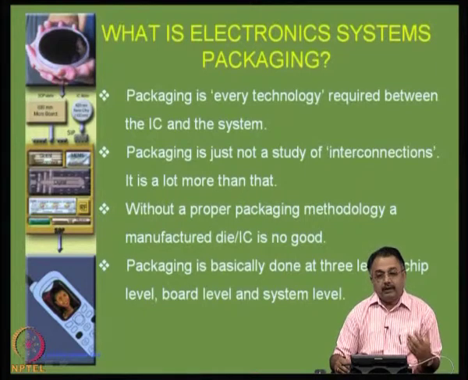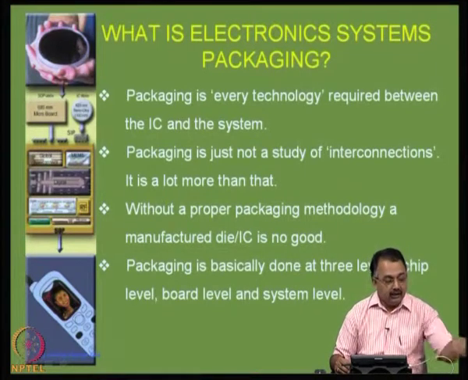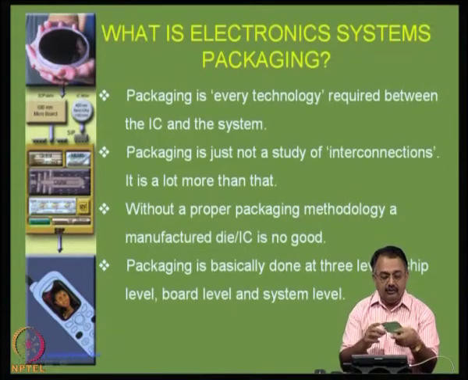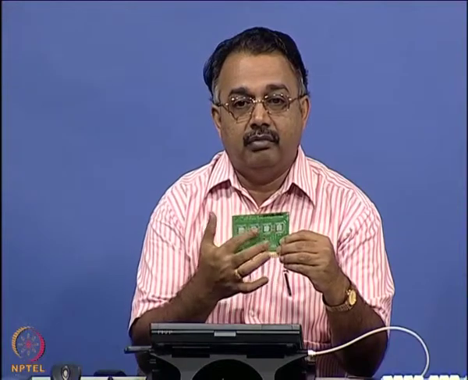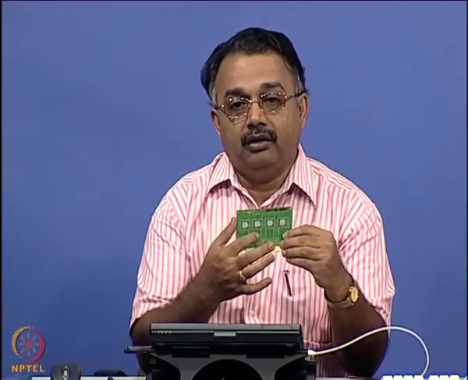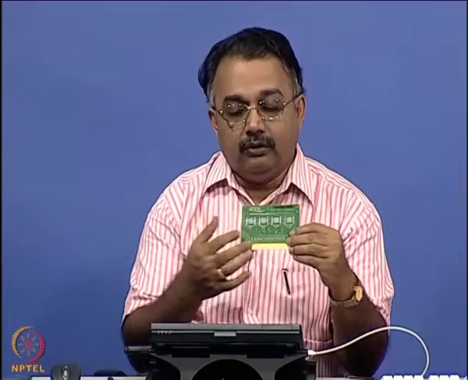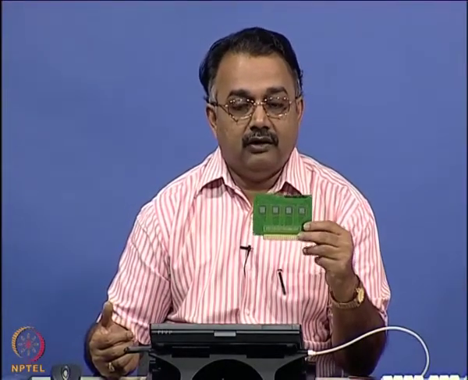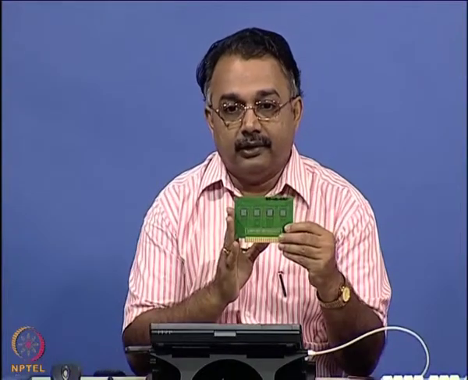One is at the chip level, the second is at the board level. For example, this is a board where you can see various devices are mounted, bare ICs, and these are interconnected in between them. Okay. So, this is known as the board level packaging. So, what are the critical issues when you have to mount an IC or an active device on a substrate?